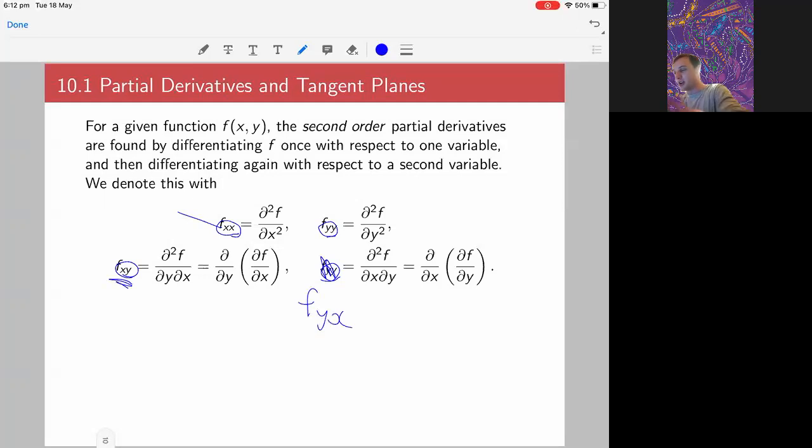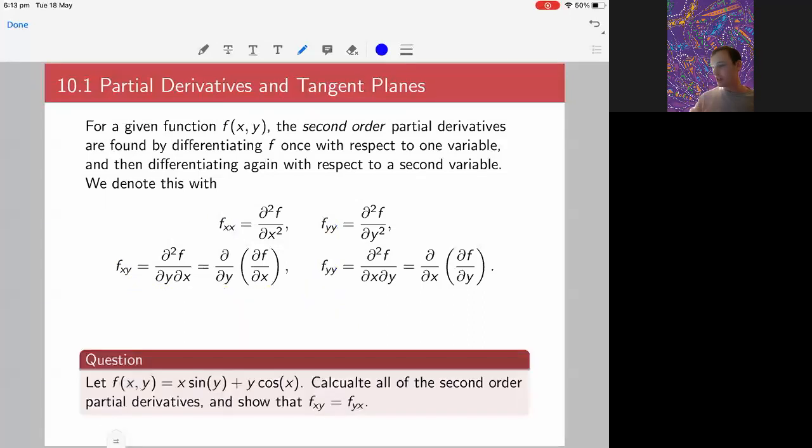This one here, you differentiate with respect to x first, and then you differentiate with respect to y. This one, you differentiate with respect to y first, and then differentiate with respect to x. You can also do this using this sort of partial notation here. All right, so if you've got a function of two variables, then these are the four different partial derivatives that you can possibly come up with.